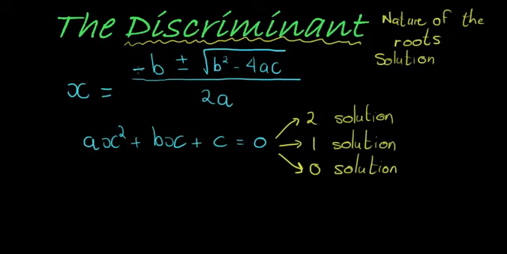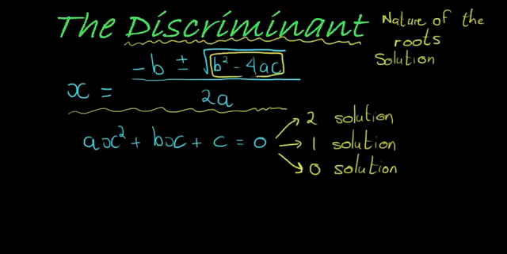Okay, so what in my formula is going to give me some guidance on whether I'm going to have two solutions, one solution, or no solution? Well, it is going to be what's underneath the square root.